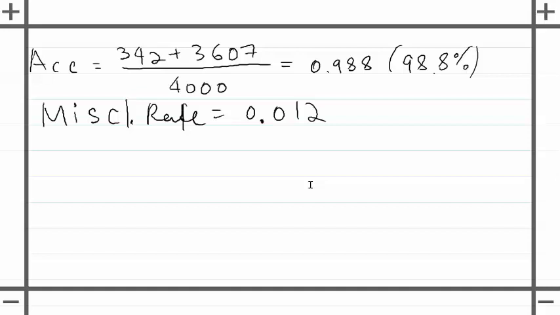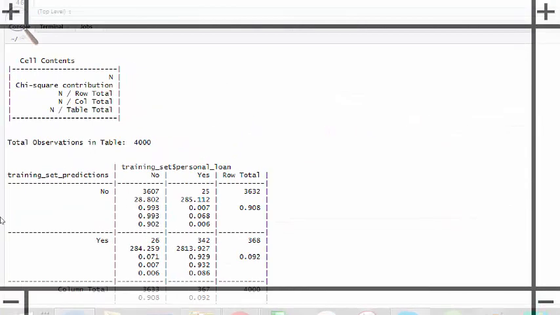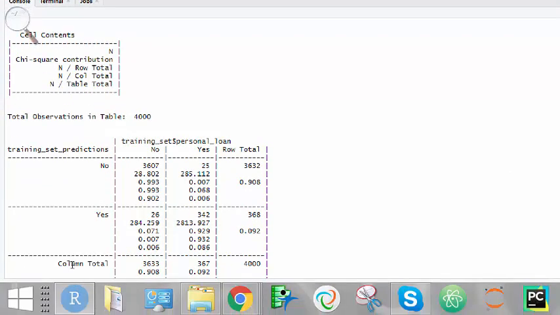0.012, right? Because misclassification plus accuracy should add up to 1.0. Well, I can calculate that actually. My false positives is 26. False negatives 25.